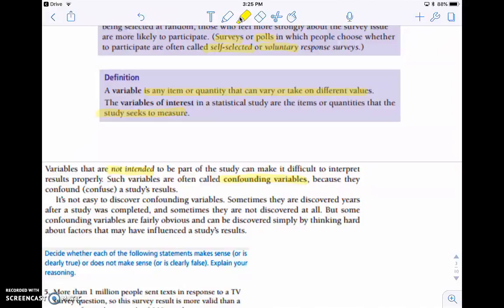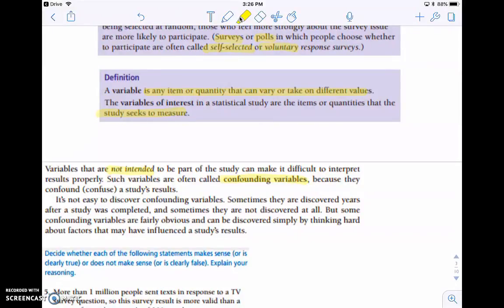So if you did a study on whether or not someone enjoyed a certain type of food or a certain restaurant, well, if that person was starving, they hadn't eaten in 24 hours, and then someone else comes in having had their regular meals over the last 24 hours, that could be a confounding variable, where someone may rate it high because they're so hungry that they just want something to eat, versus someone who is just going to their next meal.